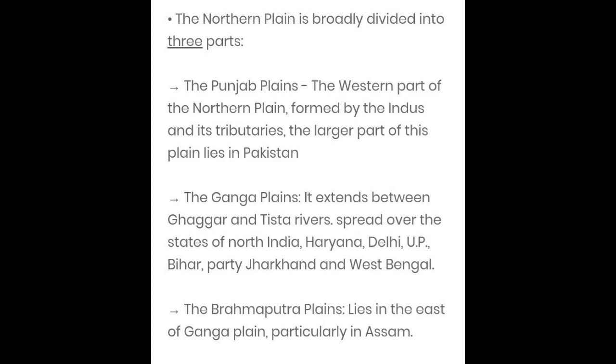In the previous map you have seen this division. Northern plains can be divided into three sections: number 1 the Punjab plain, number 2 the Ganga plain, and number 3 the Brahmaputra plain.